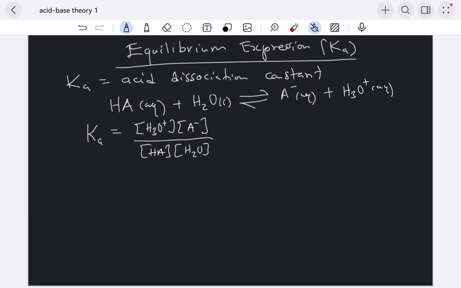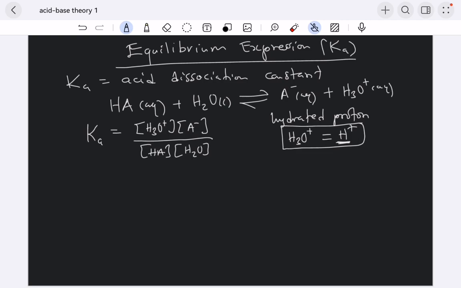Now, this is where it becomes more interesting. When we're looking at a hydrated proton, we realize that H3O positive, which is hydronium, is equal to H positive. So we can use any of these two, but we usually use H positive to represent the proton.